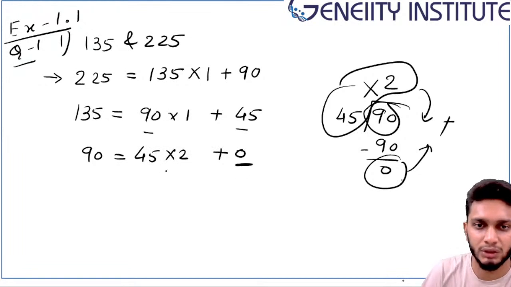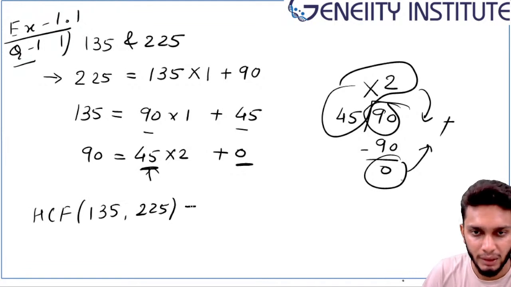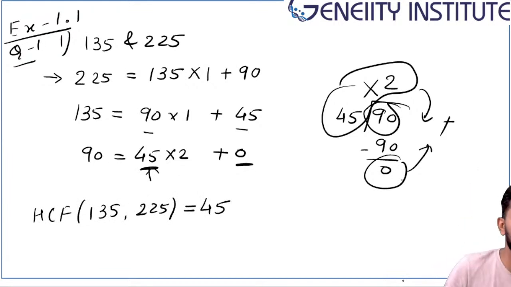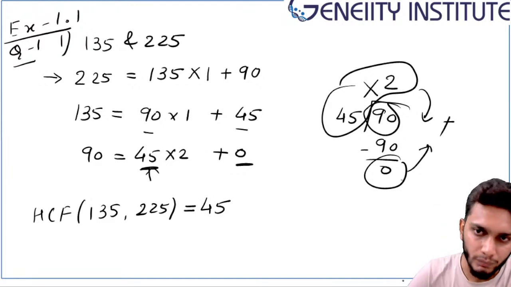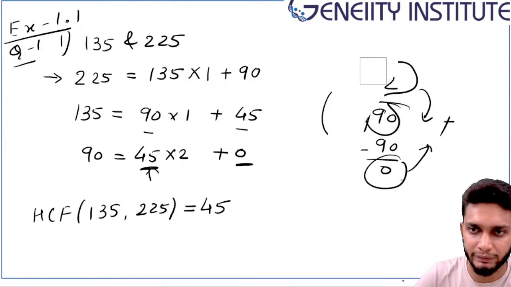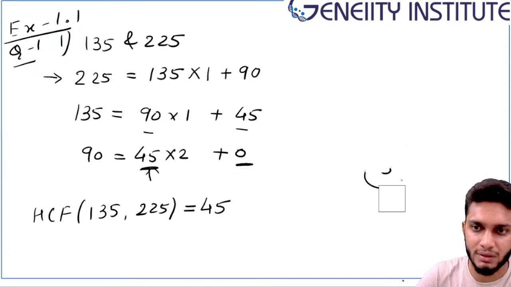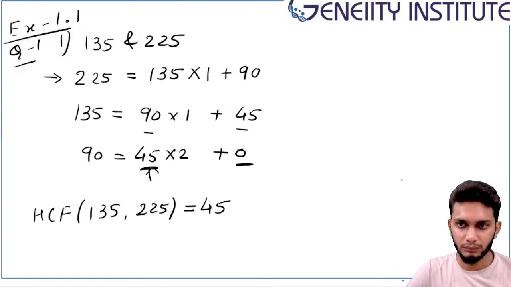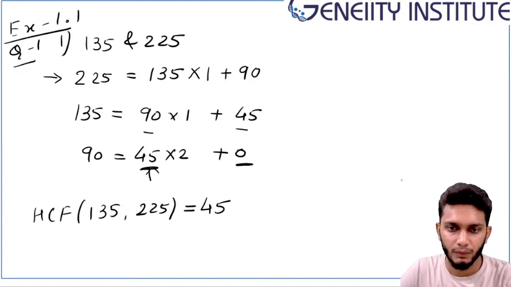So you get remainder 0. At that time your divisor is your HCF. So the HCF of 135 and 225 is 45. Okay. Now next.